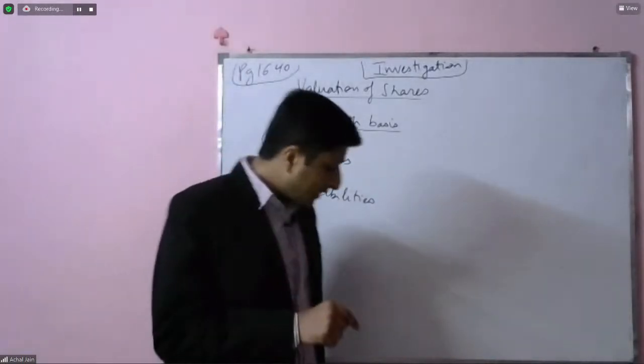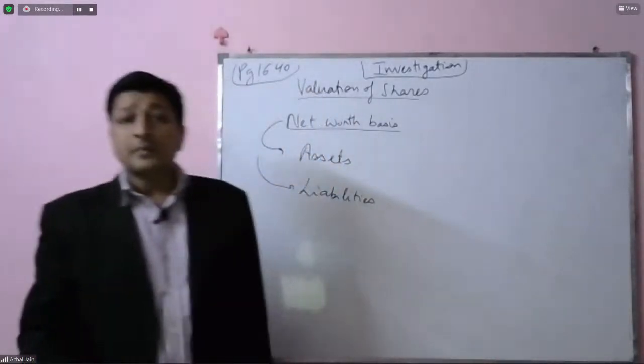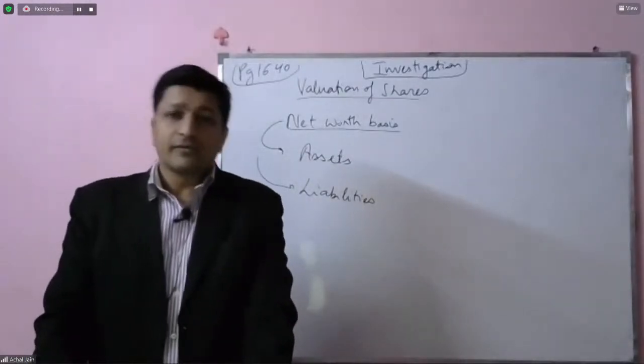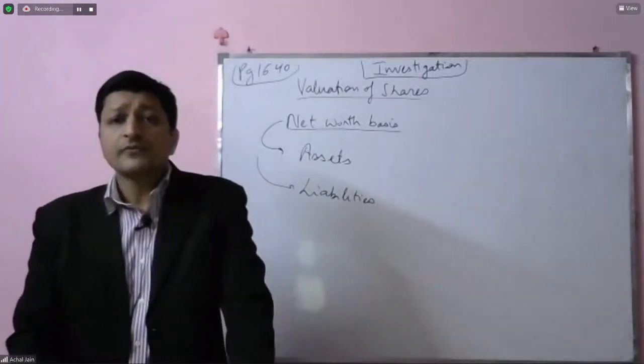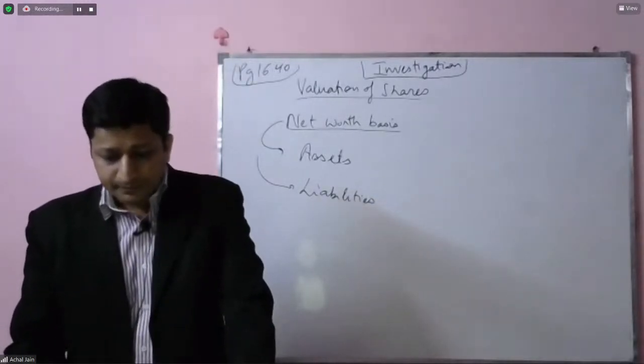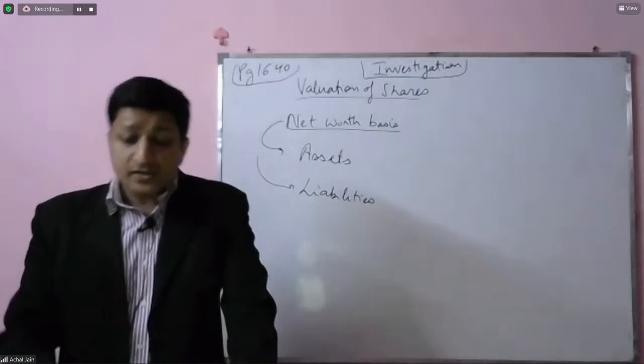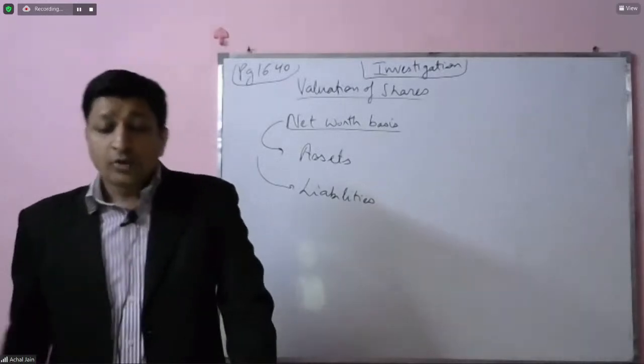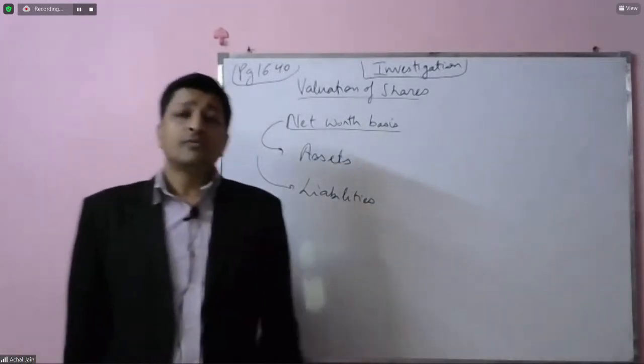Here, another very important point will be around the computation of goodwill. Computation of goodwill will be another very important area in this case. The basis of computation of goodwill could be through various methods.